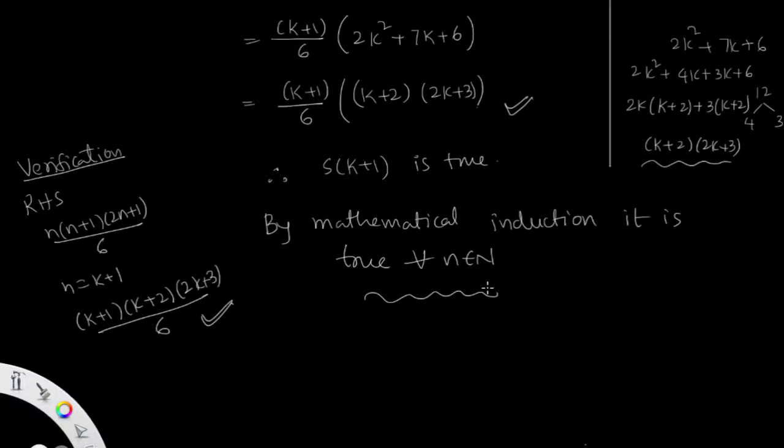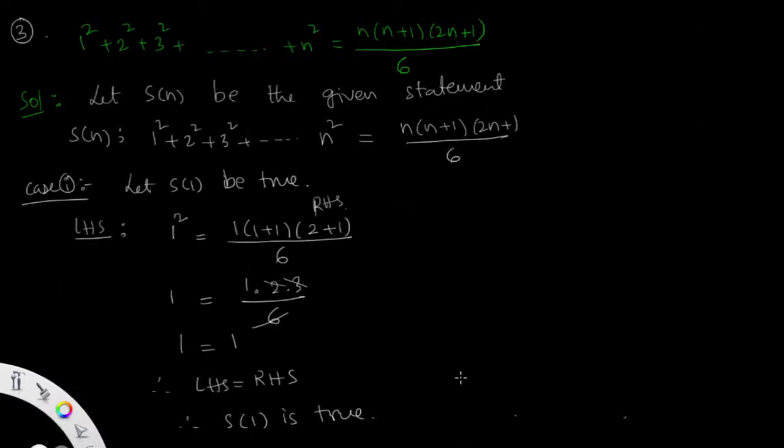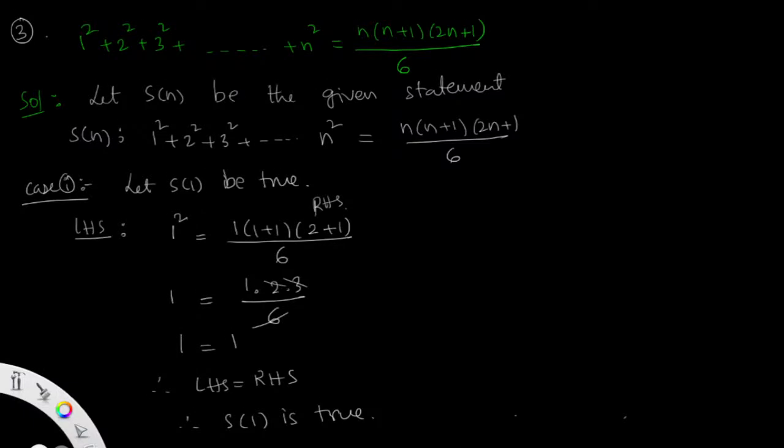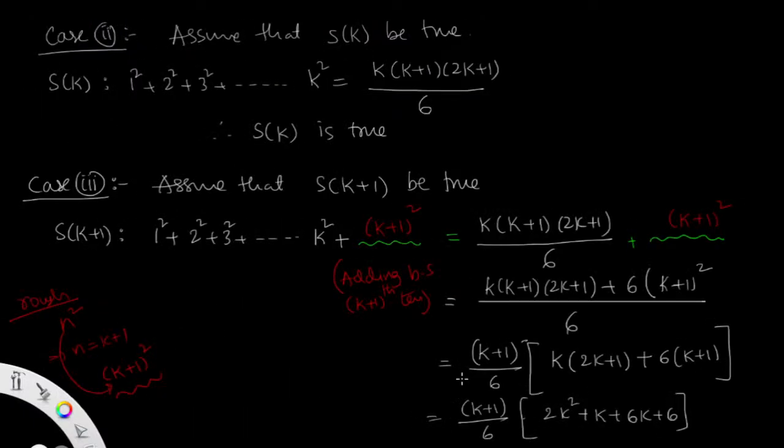So what is the mathematical induction process? Put n equal to 1 in the LHS and RHS, both are equal. Similarly, assume that S of k is true, that is S of k is 1 square and so on, with n replaced by k. The third case is to assume S of k plus 1, adding the k plus 1th term on both sides. Therefore, you get n square in the place of k plus 1.